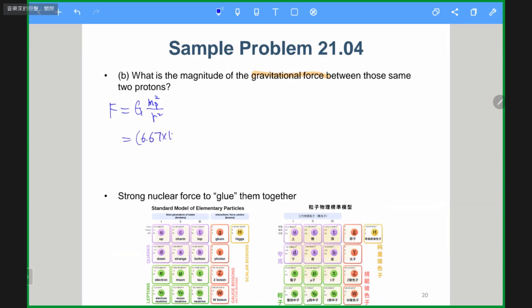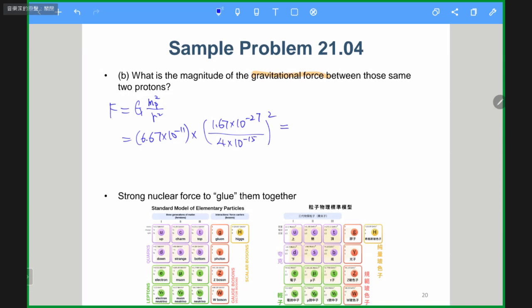So we just need to plug in the numbers: 6.67 times 10 to minus 11, times the mass of a proton, 1.6 times 10 to minus 27, squared, over 4 times 10 to minus 15, quantity squared.